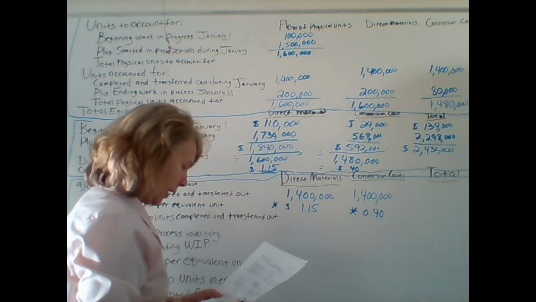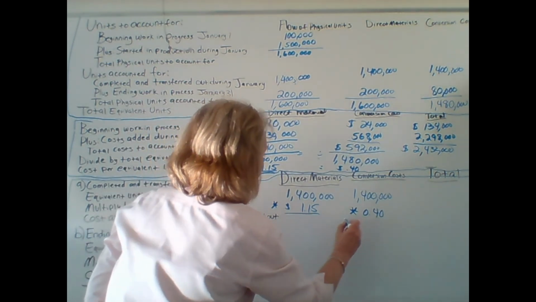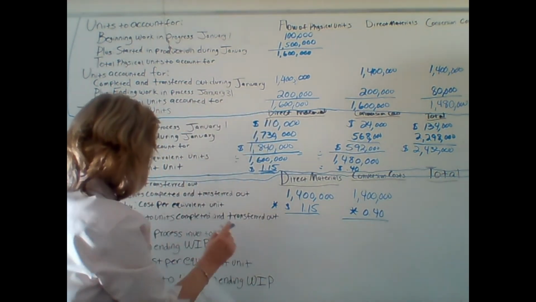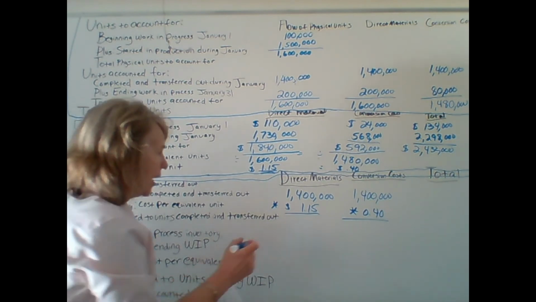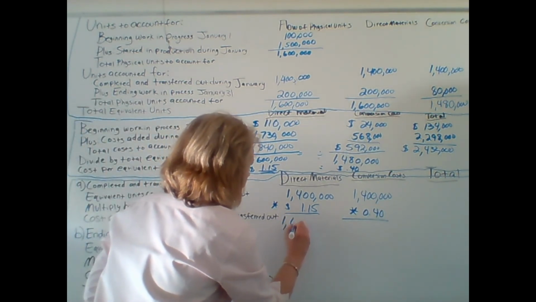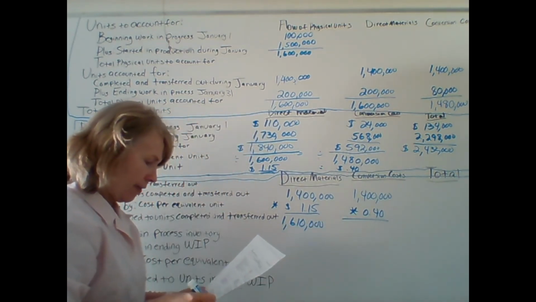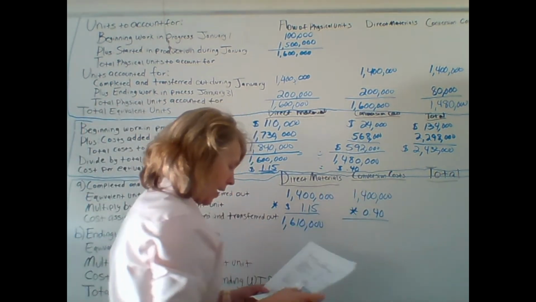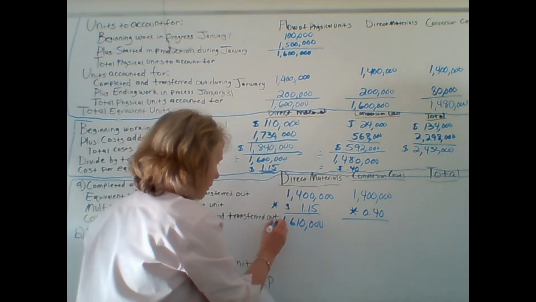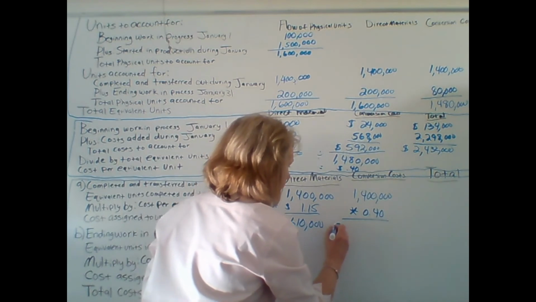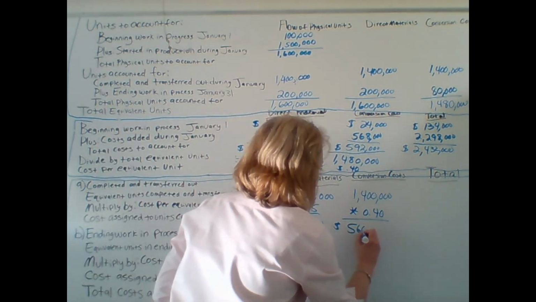Okay? Then I multiply it. My cost assigned to units completed and transferred out, my answer is 1,610,000. And then 1,400,000 times 0.40 gives me, and that's a dollar figure, 560,000.